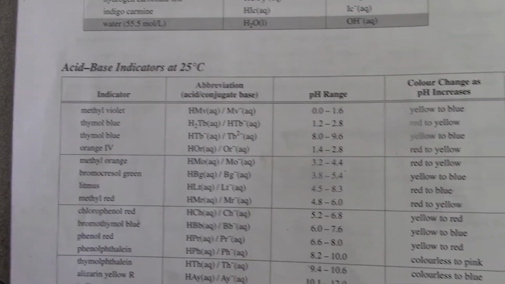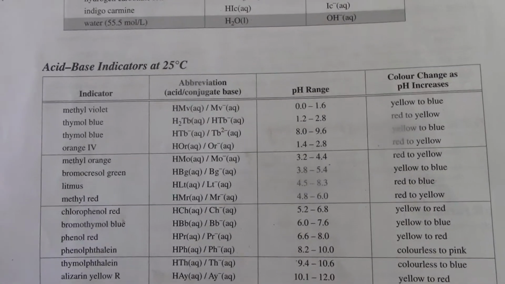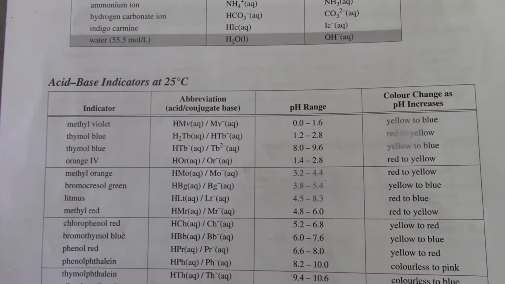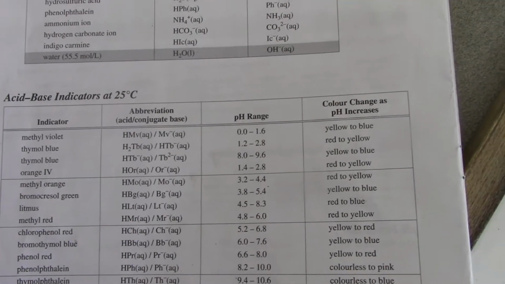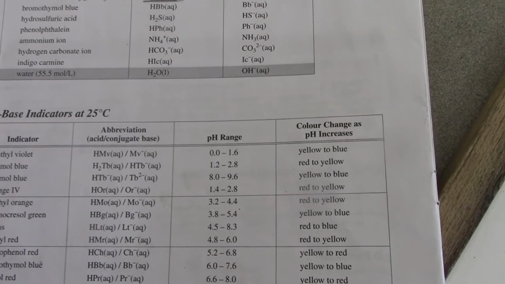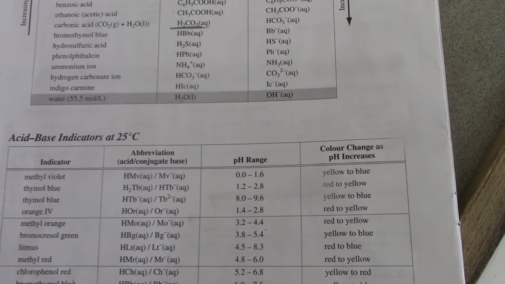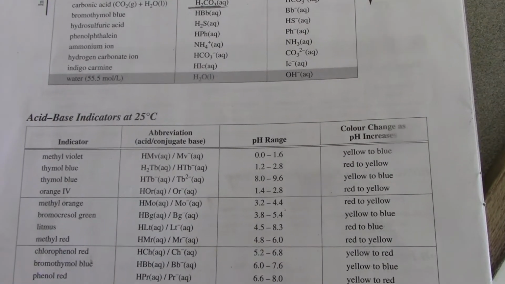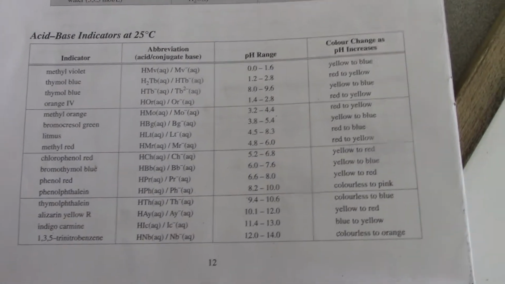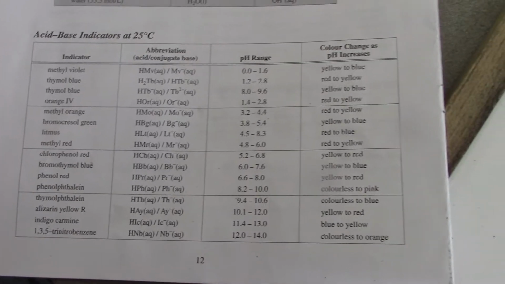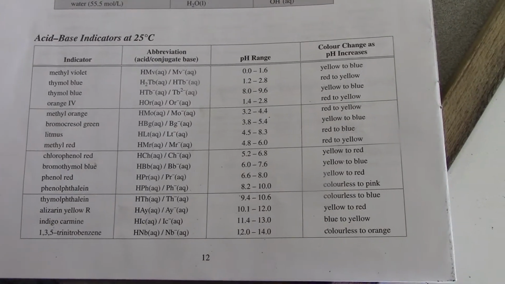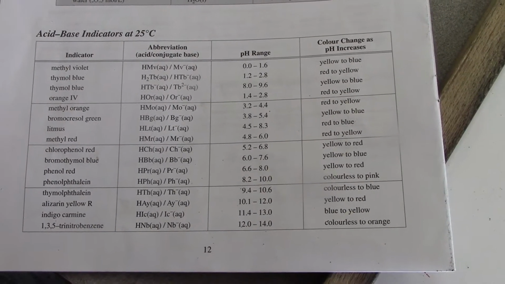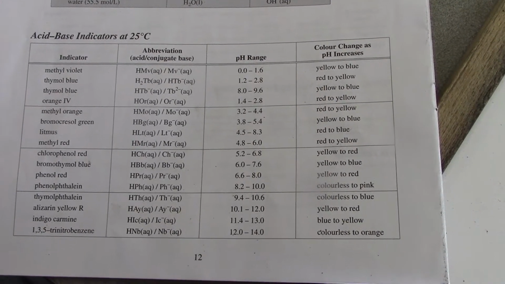Thymol blue has 2 endpoints, but you can see if thymol blue is in a pH of 1.2 to 2.8, you can see red to yellow. So let's say the pH is around 2 in that solution, the indicator itself would look orange. So these guys all change color at different pHs. Below their low level, it's the color on the left.